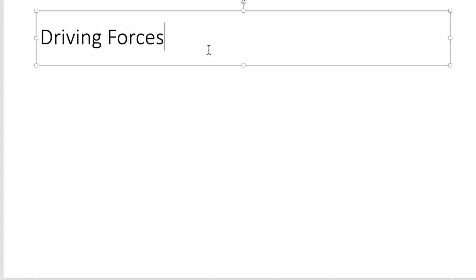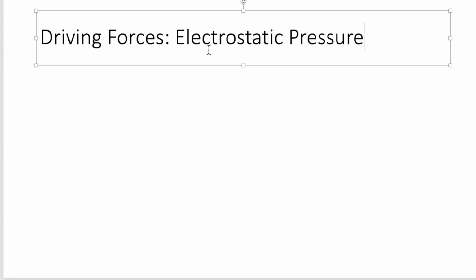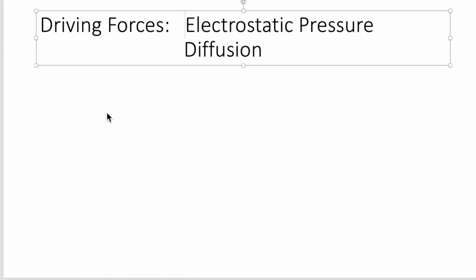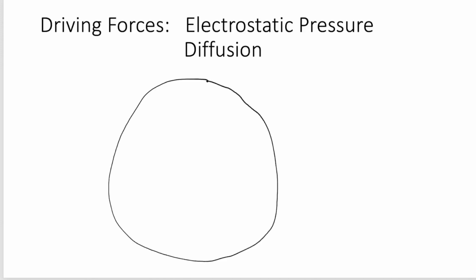Okay. The two driving forces are electrostatic pressure, which is movement based on charge, and diffusion, which is movement based on the concentration of the ion. So let's draw our neuron again. This is a cross section of an axon. And again, we're at minus 70 millivolts.